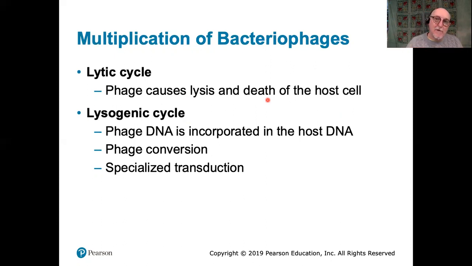Every time the cell reproduces, it reproduces the viral DNA as if it was part of its own genome. But then through some other event, often an environmental cue, the virus reactivates. The virus converts. We call it phage conversion. And it now enters a specialized cycle, which is going to end up causing lysis.